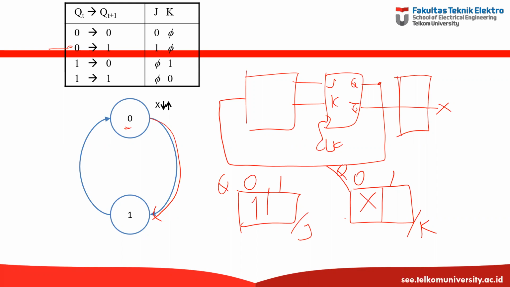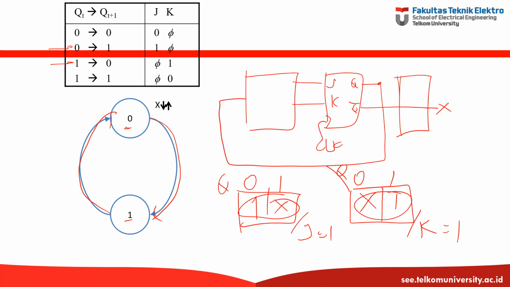Okay, now Q is 1. When Q is 1 and then clock, it will change to 0. So the transition is from 1 to 0. This means J is supposed to be the don't care and K is 1. So this means J is 1, K is also 1.